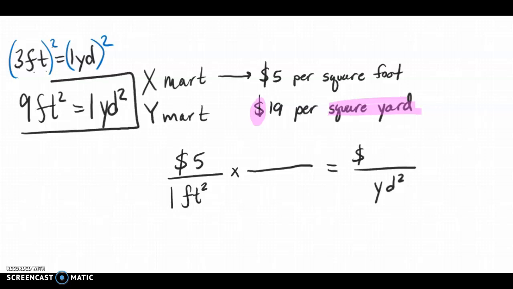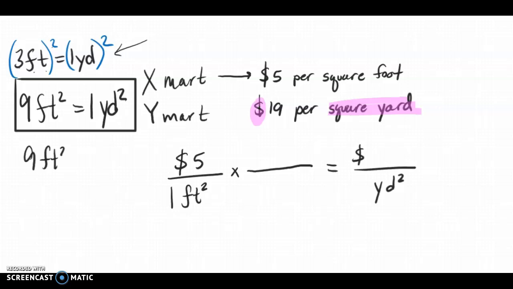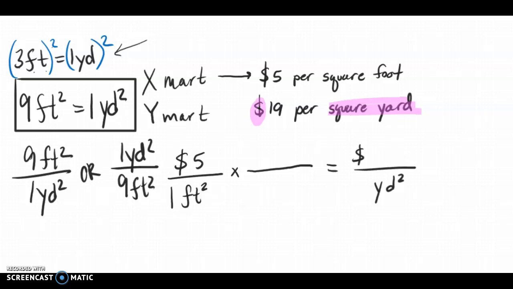So this is the conversion factor I need to use. I have to create it from that. Now I either need to write it like this, or I need to write it like this. And it just depends on the particular problem.